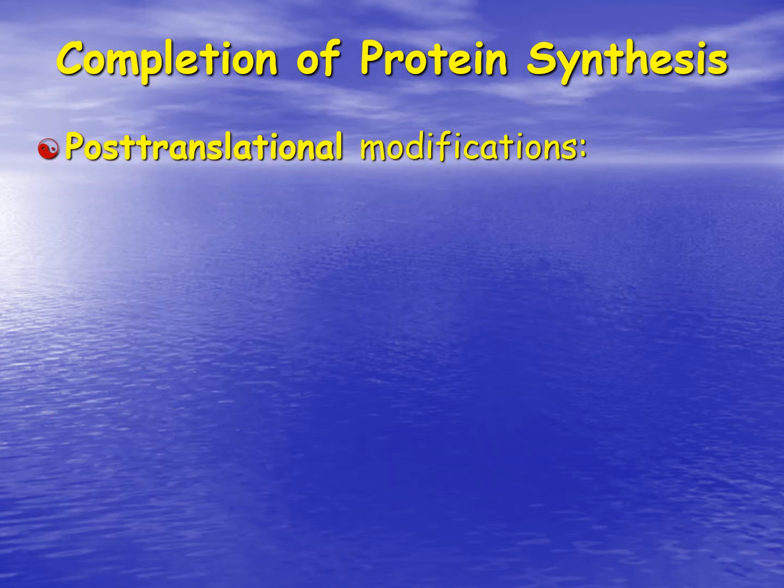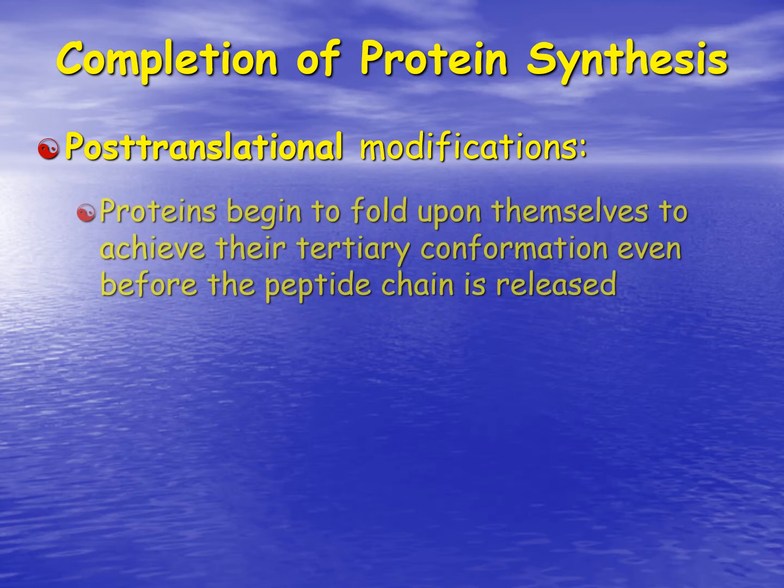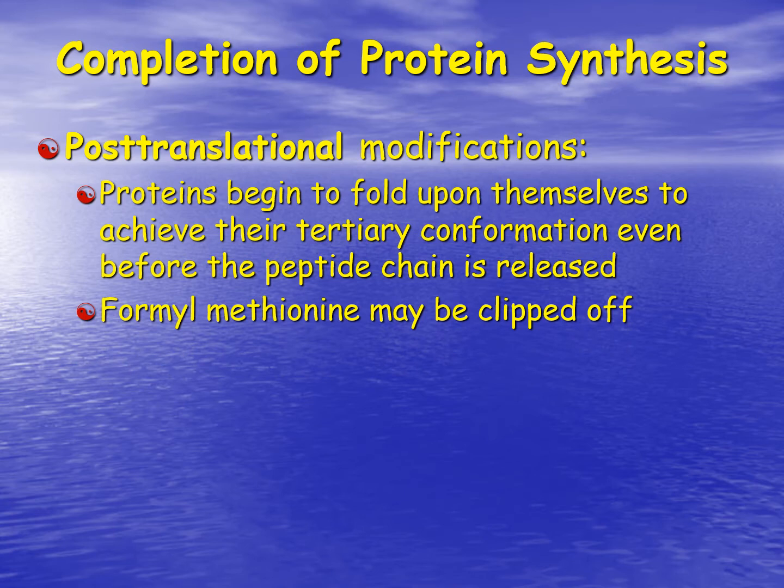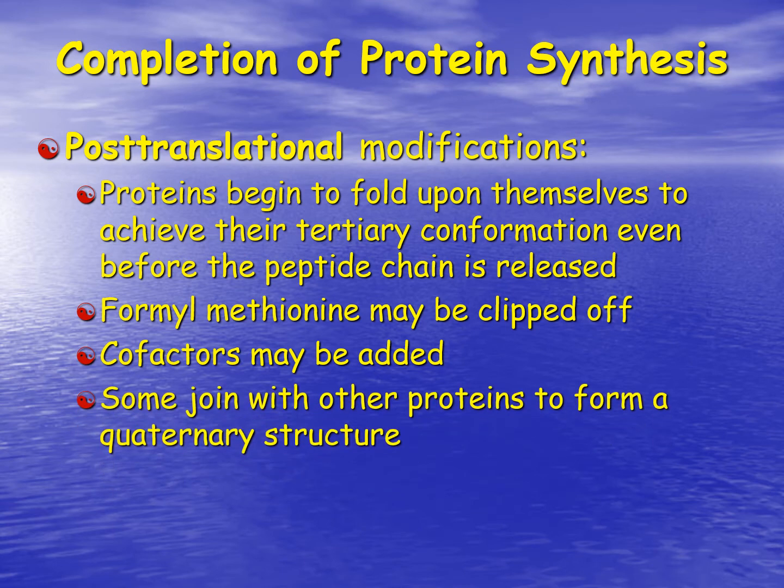Now, once we have our protein made, we can then do post-translational modifications. Proteins begin to fold up on themselves, determined by the amino acid sequence. The formyl methionine, or just methionine, may be clipped off at the beginning, and other things may be added to the protein. Say, for example, if this is an enzyme, cofactors may be added at that point.